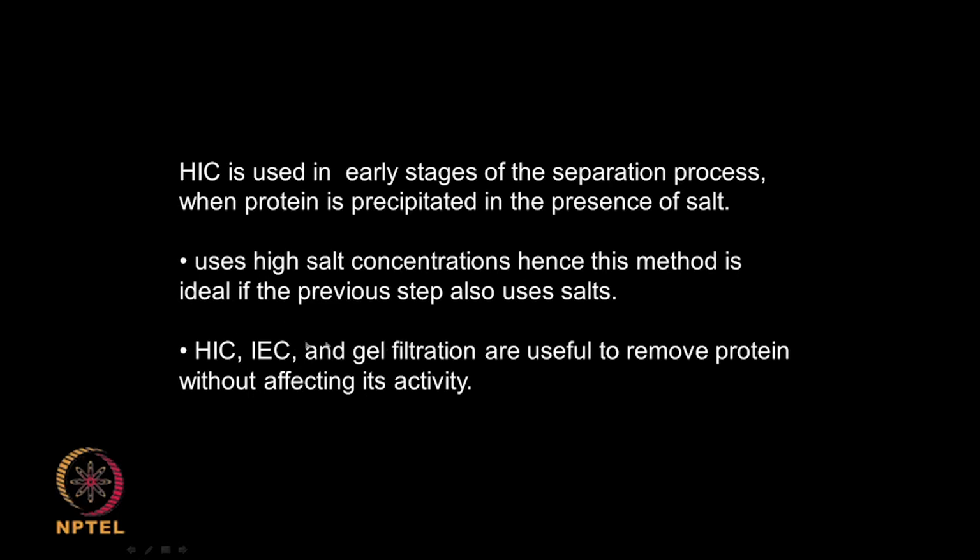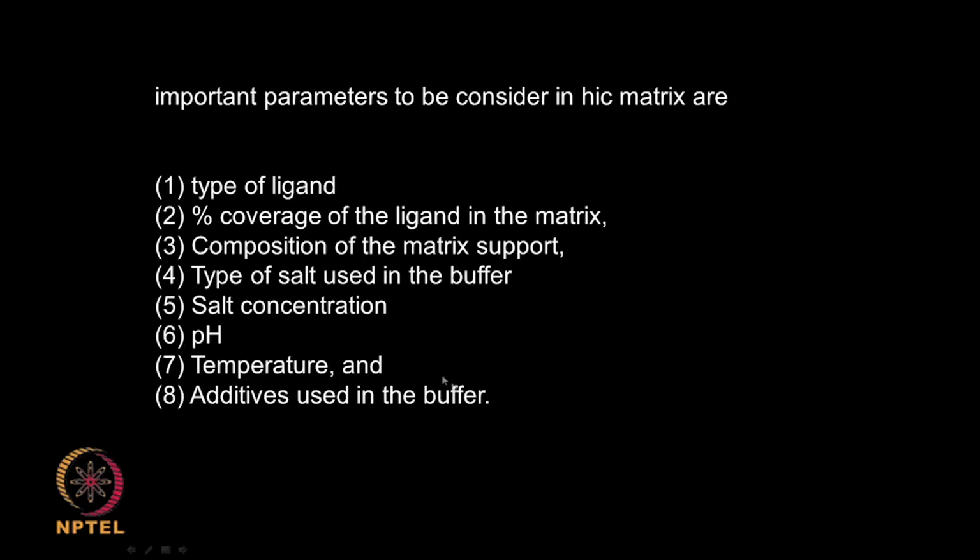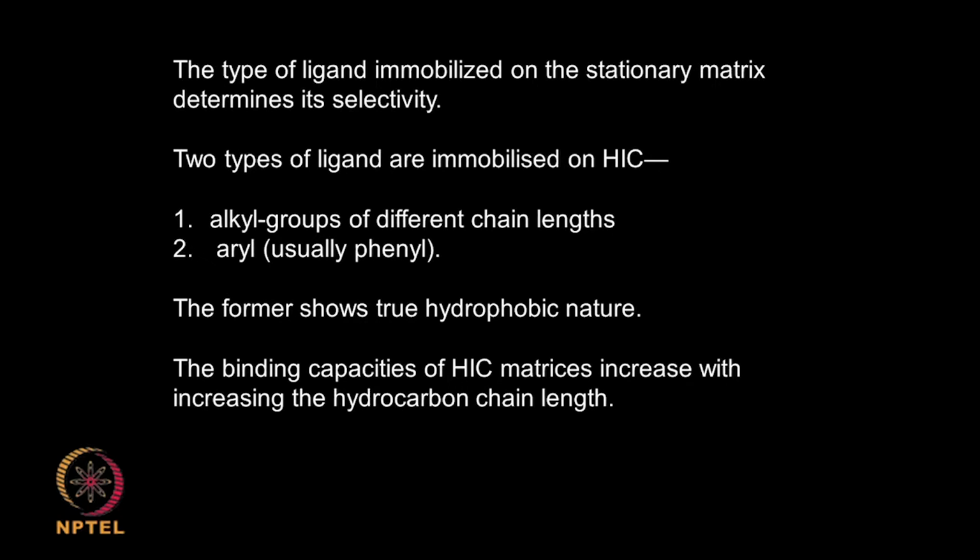So, basically you will get the activity of the protein back. We will talk about gel filtration later, but these three are very good because the activity of the protein is not lost. Important parameters I need to consider: the type of ligand, percentage cover of the ligand in the matrix, composition of the matrix, type of salt used, salt concentration, pH, temperature, any additives that are being used, and so on.